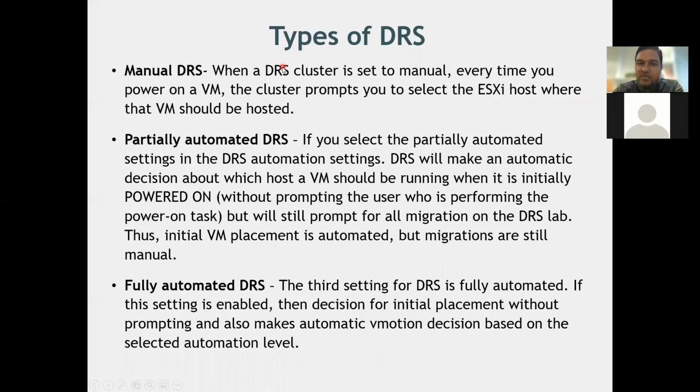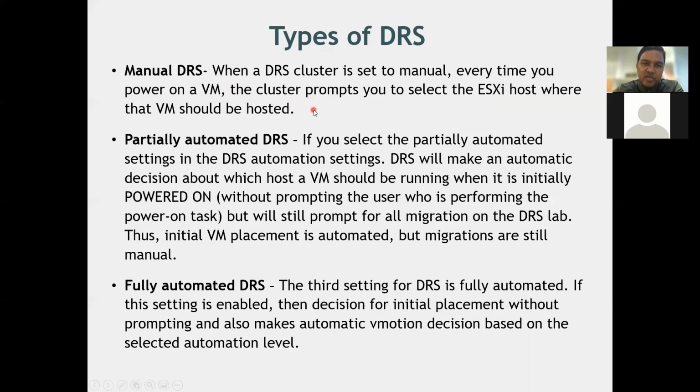So in case of manual DRS, when we power on the VM, it will ask which ESXi host you want to put it on. We are paying so much money for the DRS feature, so why use manual? Manual is used only for some kind of check or some other option.